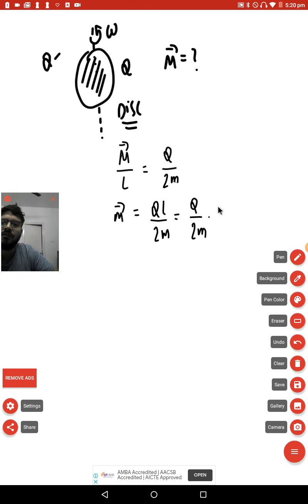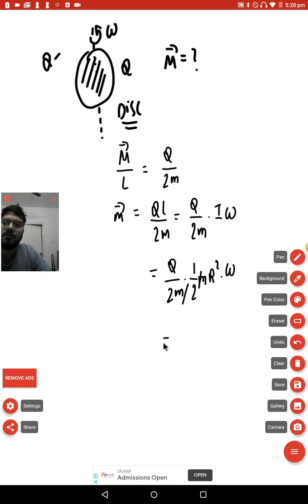Angular momentum I can easily find using I omega, since this is a rigid body. And what is going to be the moment of inertia of the disk? It is going to be half m r square, let's say the radius is r, times omega. The mass gets cancelled, so you have q omega r square upon 4, and this is the magnetic moment of this disk.